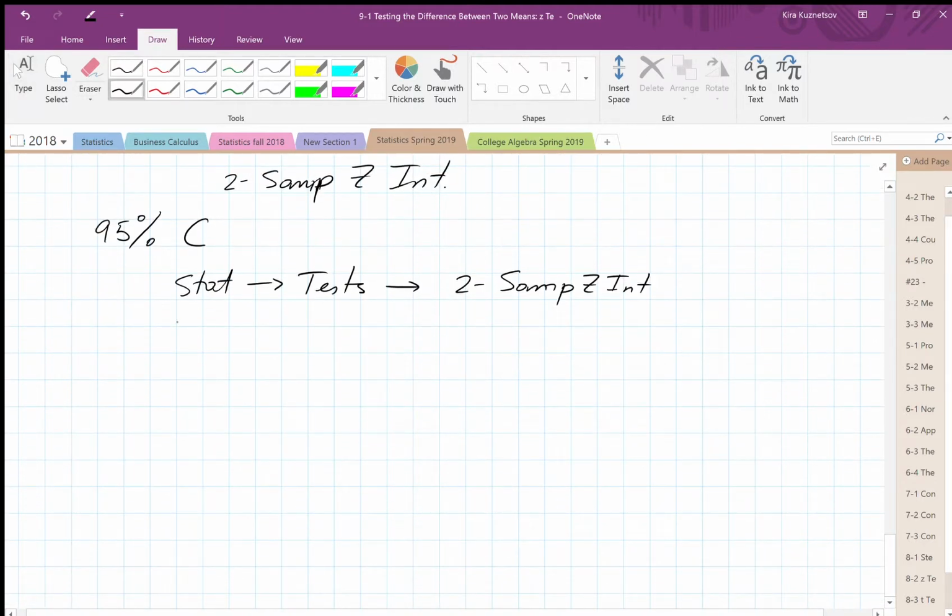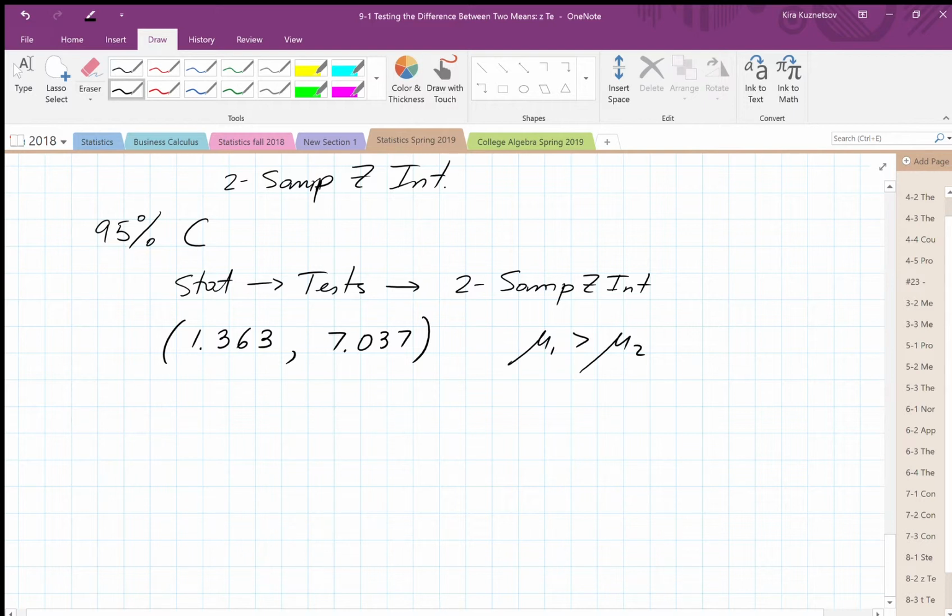After you push calculate, the first thing that you should be writing down is the actual interval. The interval is 1.363 and 7.037. What this means is, because all of the numbers are positive, mu1 is greater than mu2.